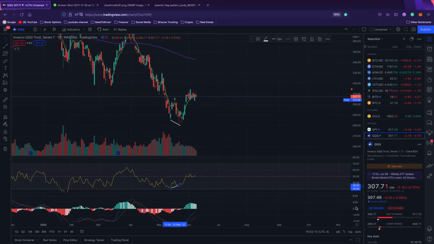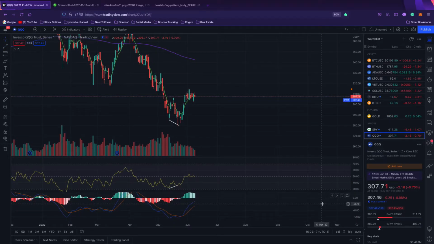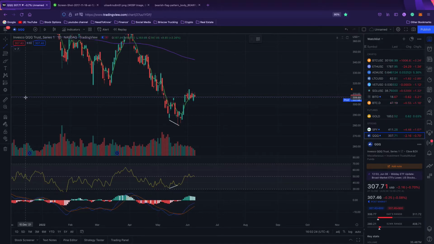And then if we look at the MACD as well, the MACD ends up going up as well, right? So these two are going up and then price is going down. They're going into different directions. So this is an anomaly.